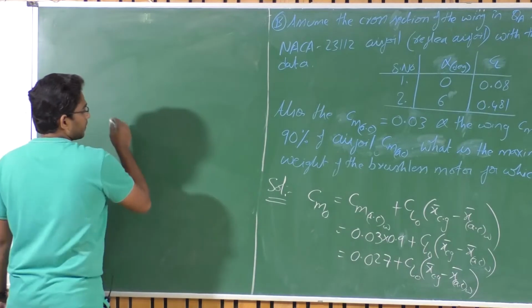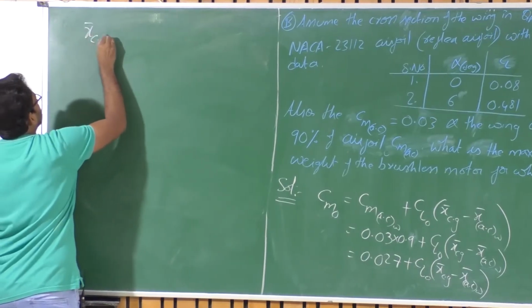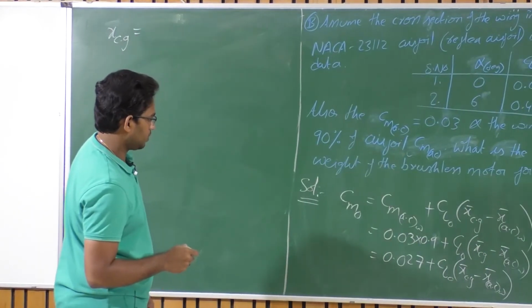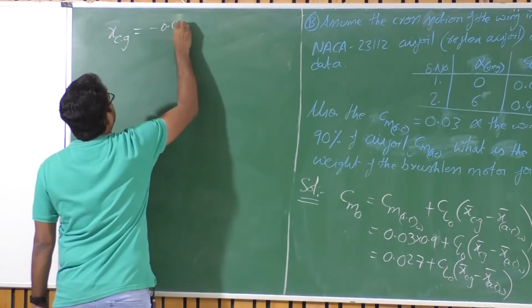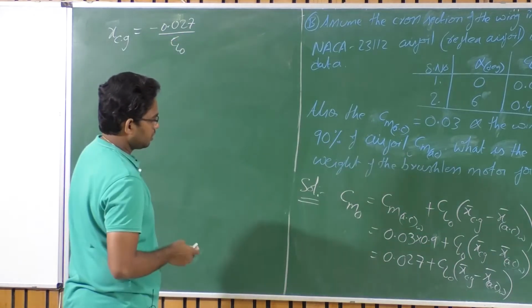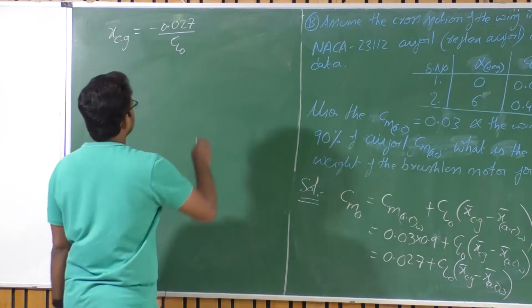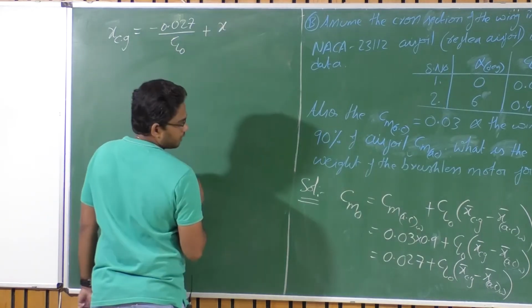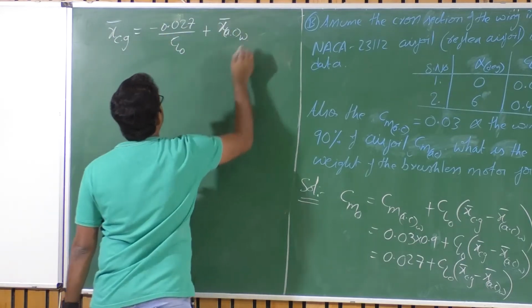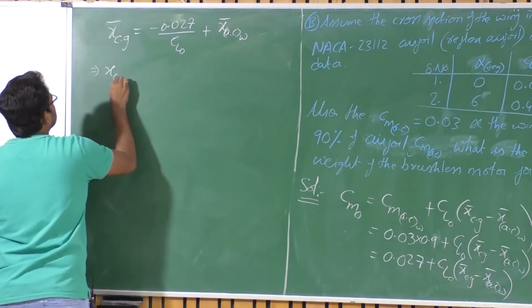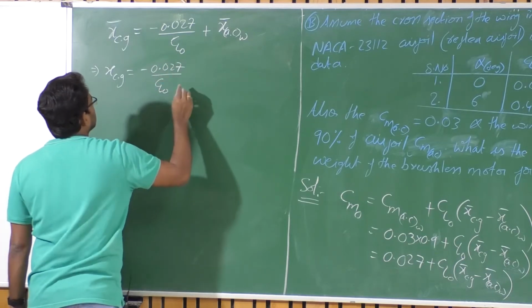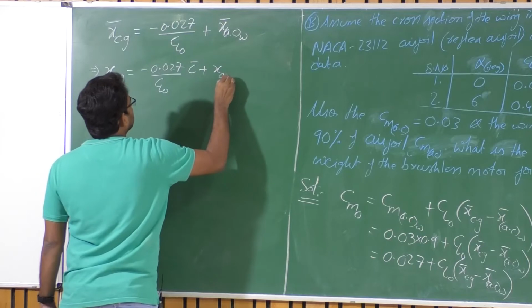So x bar CG, or x CG, should be equal to minus 0.027 upon CL naught of the wing, times C bar, plus x AC of the wing.